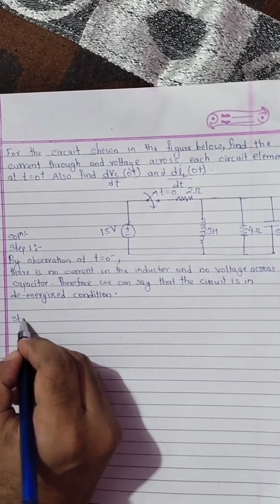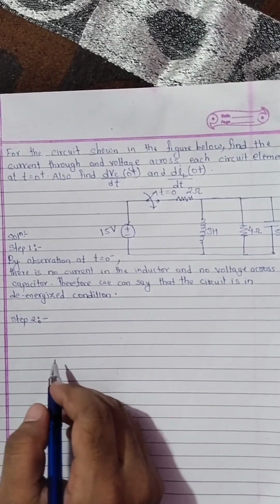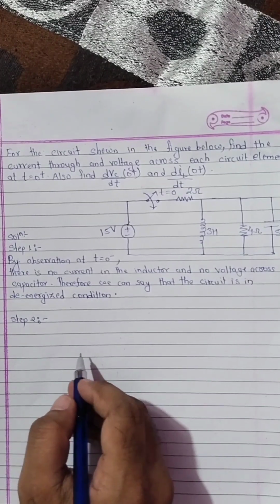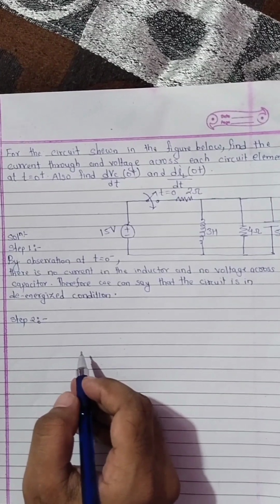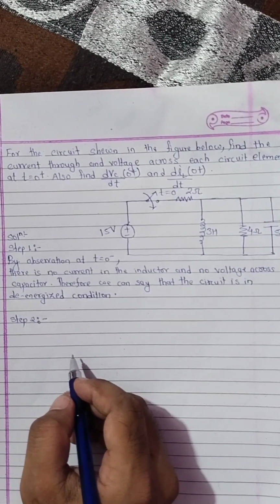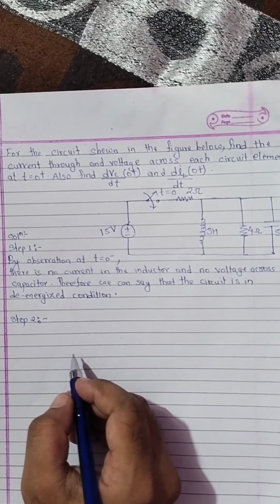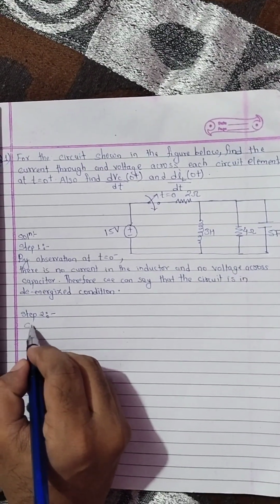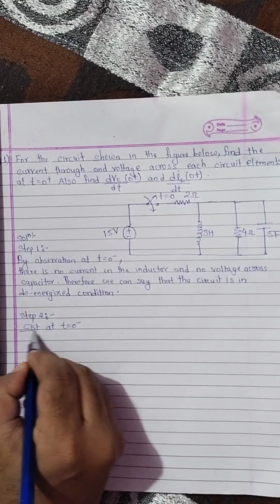Now step 2. In step 2 we will draw the circuit at t equals to 0 minus, and here we will calculate the current through the inductor, that is IL0 minus, and the voltage across the capacitor, that is VC0 minus.